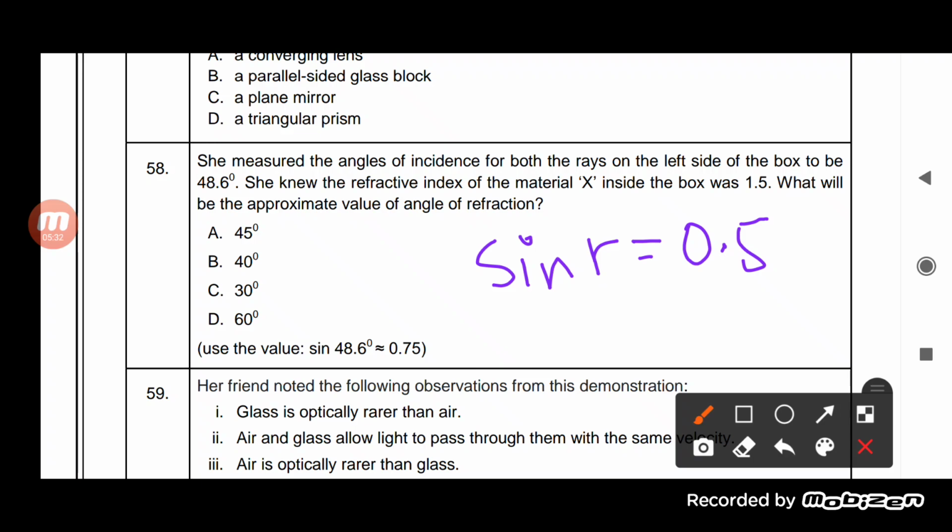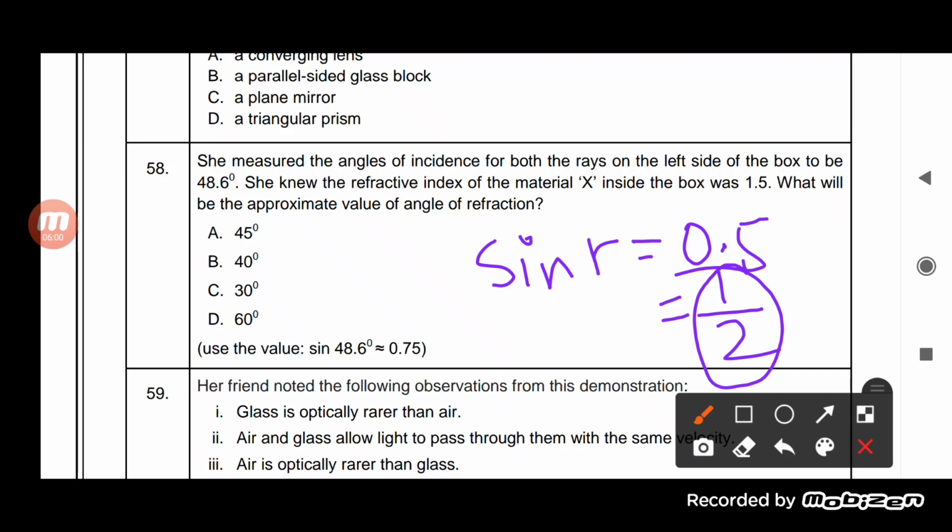Now one more thing here. Actually 0.5 means what? That is 1 by 2. So we can also write it as 1 by 2. Now sin r is equal to 1 by 2, and we know that 1 by 2 is the value of sin 30 degree.